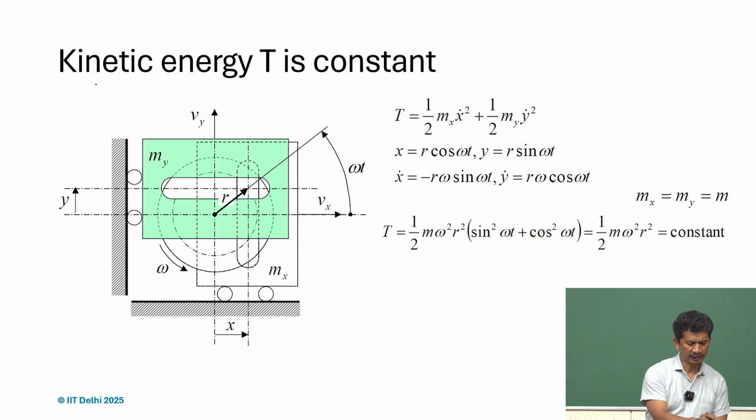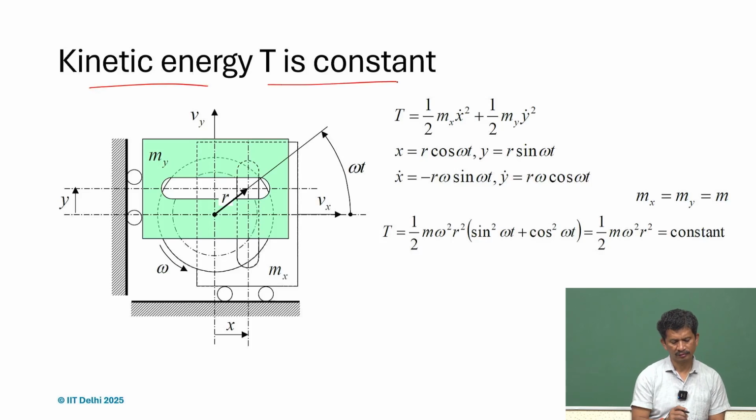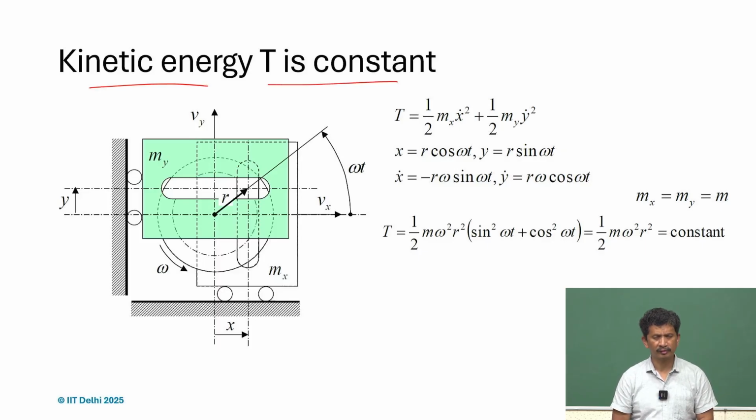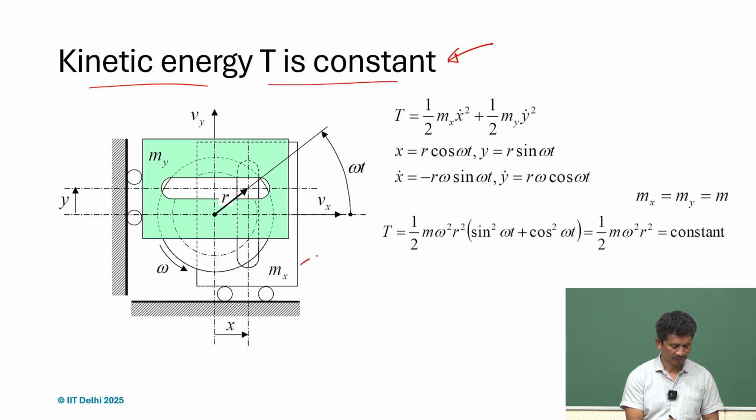Next is kinetic energy, and how it is observed and how we can get it. So total kinetic energy is constant. Suppose this is an example: this is the mass mx, suspended and able to move in the x direction, and we have my moving in the y direction.